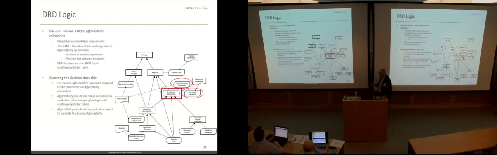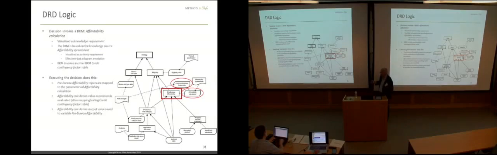This decision here invokes a BKM called affordability calculation. So what happens is this dashed arrow, called a knowledge requirement, effectively in the invocation maps the three input variables that I just showed you to the parameters of this function.